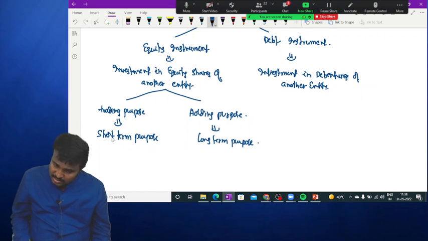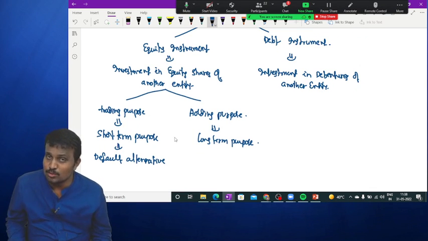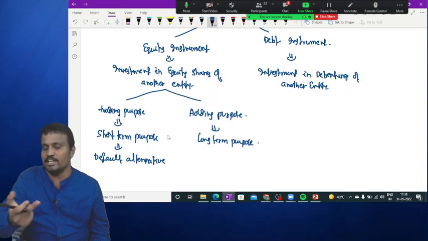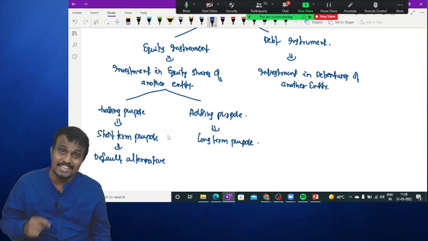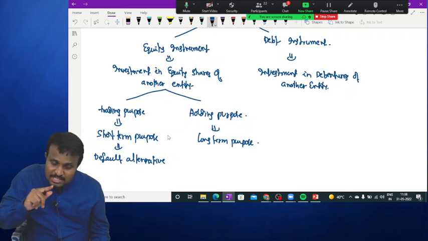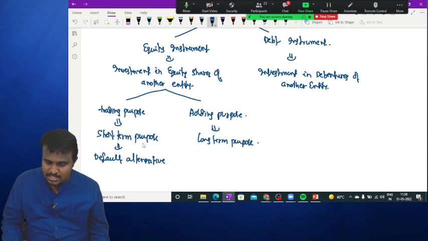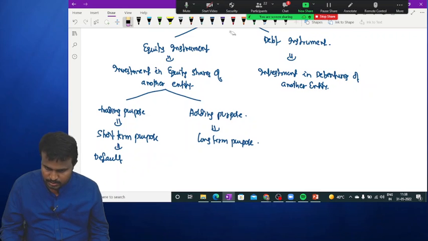And in this case, as per IFRS, we call it a default alternative. Default alternative means investment in equity shares for what purpose? Trading purpose. Investment in equity shares of another entity for trading purpose is covered under the default approach.